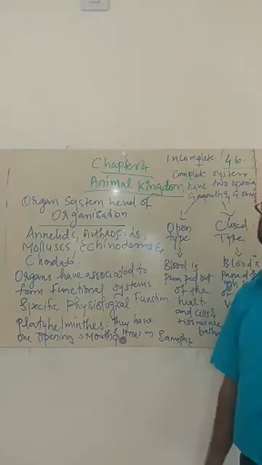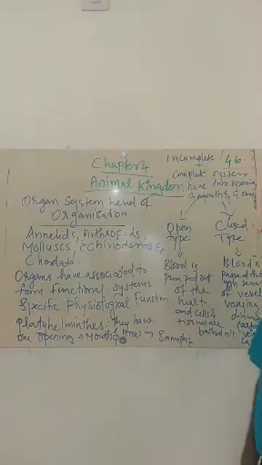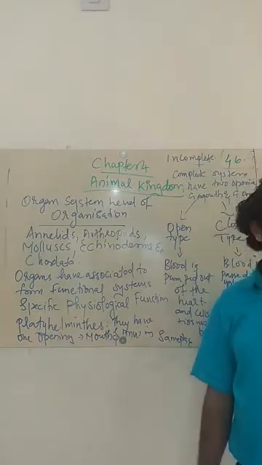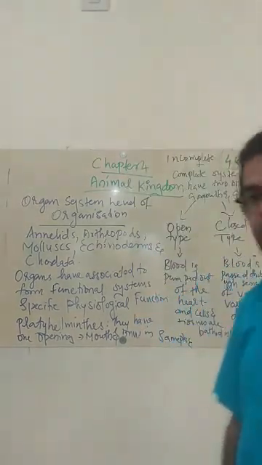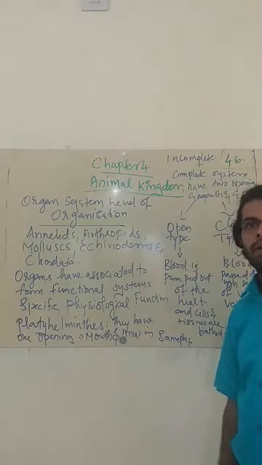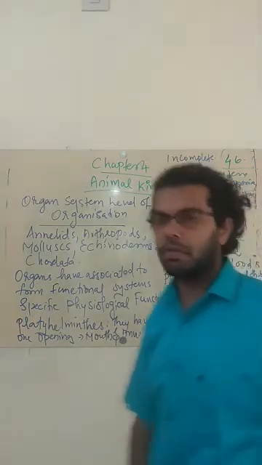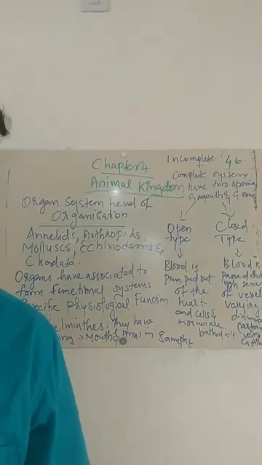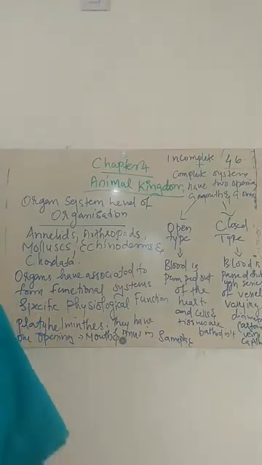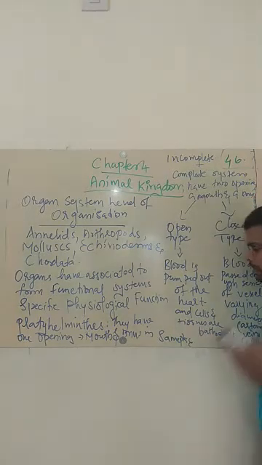In the case of sponges, we said they have the cellular level of organization, which means the cells are used for having different types of functions.